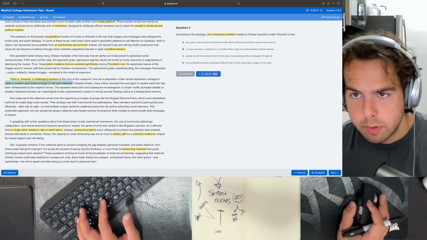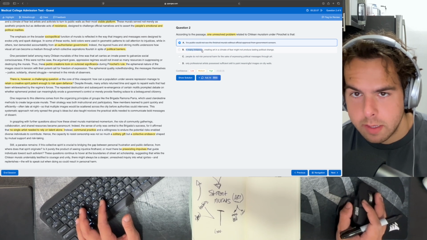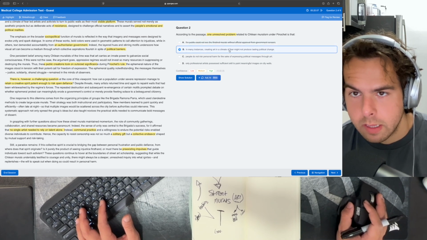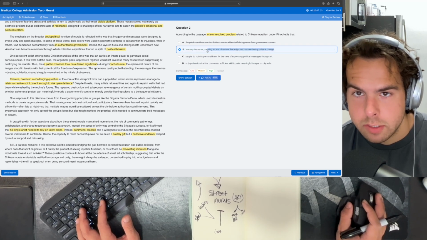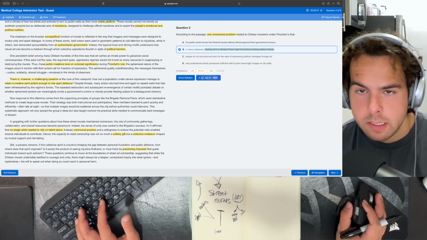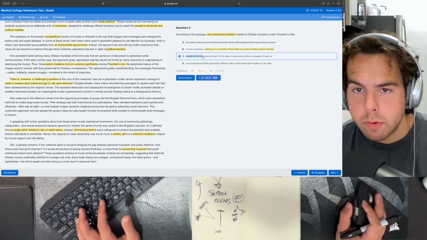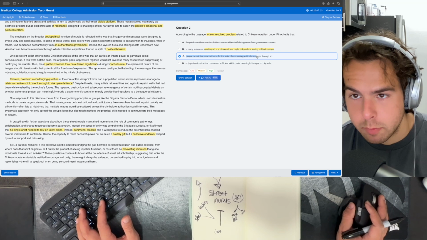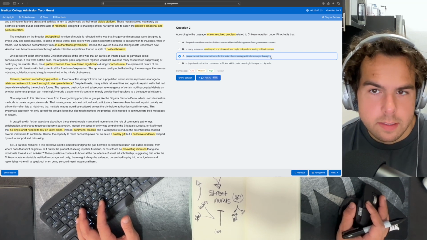One unresolved problem related to Chilean murals under Pinochet is that the public could not see the finished murals without official approval from government censors. That's not true. In many instances, creating art in a climate of fear might not produce lasting political change. That's kind of true. I want to keep reading on. People do not risk personal harm for the sake of expressing political messages through art. Yeah, that's a little extreme.